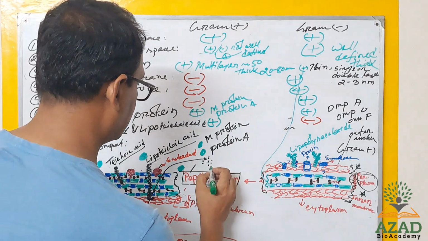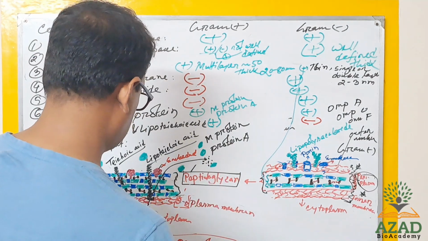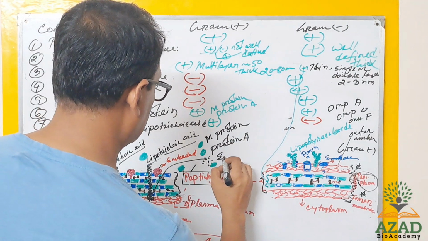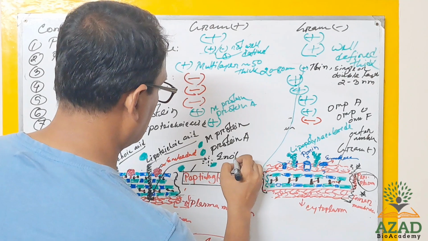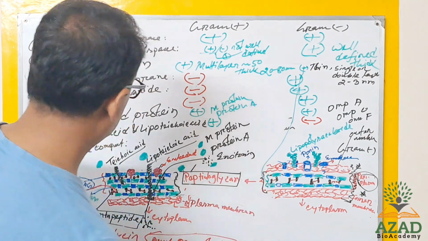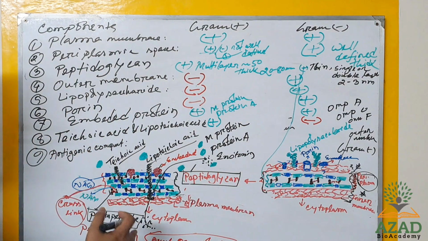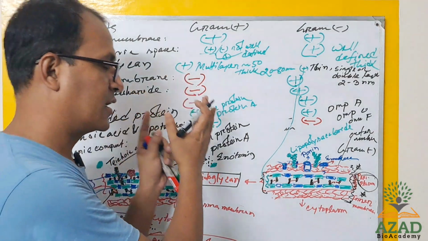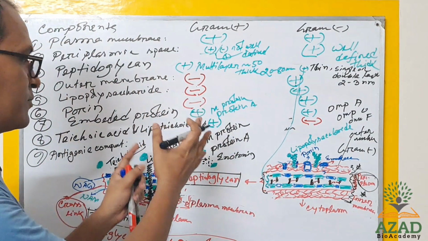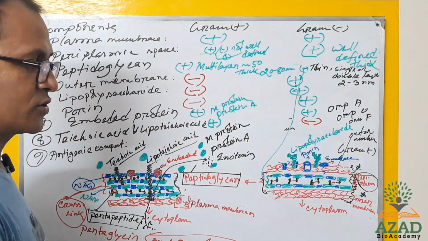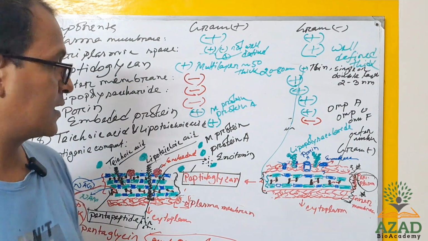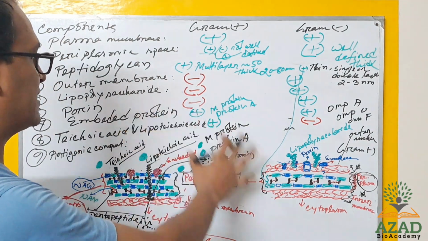These are called exotoxin. So for gram-positive bacteria, teichoic acid, lipoteichoic acid, embedded proteins, that is M protein, protein A, exotoxin, and peptidoglycan can act as antigens.